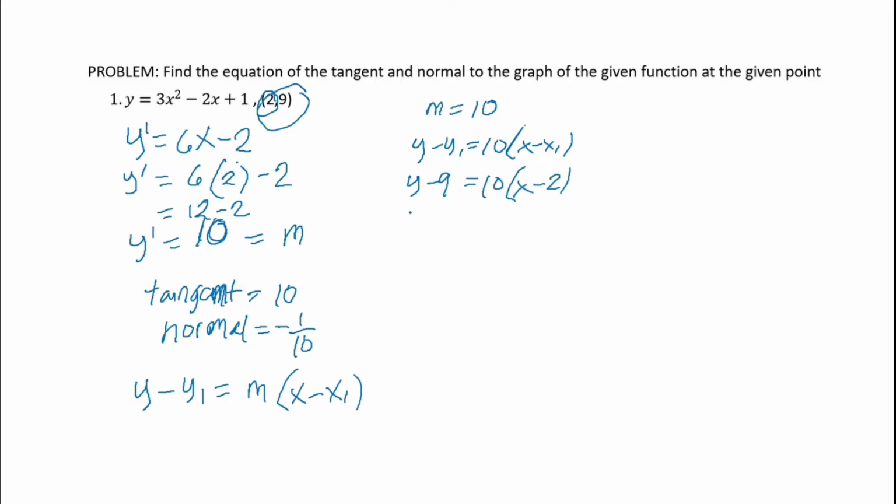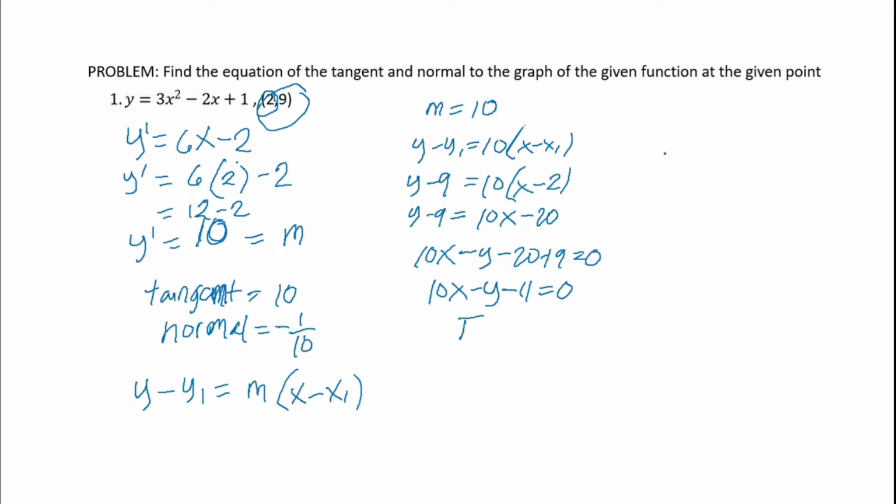We need to simplify: y minus 9 is equal to 10x minus 20. So we have 10x, minus y, minus 20, plus 9 is equal to 0. Simplifying, we have 10x minus y minus 11 is equal to 0. So this is the equation of the tangent.